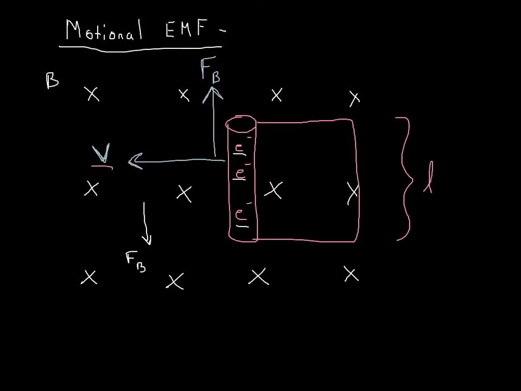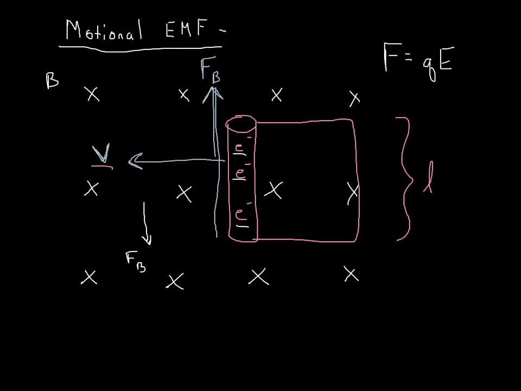If my magnetic force is going up, that's going to set up a nice little electric field. This induced electric field is going to set itself up inside this wire, in the same direction as our electric force, because we know the definition of electric field: force is equal to charge times electric field.